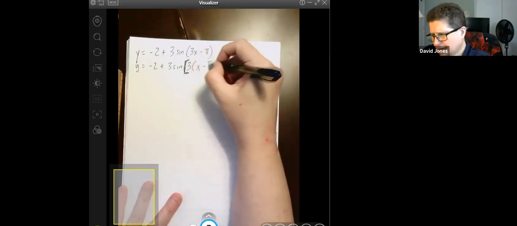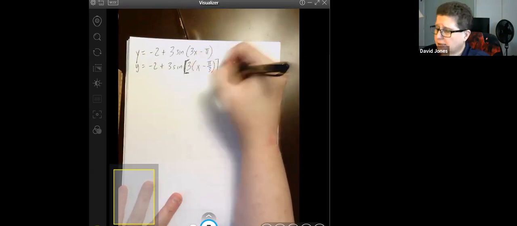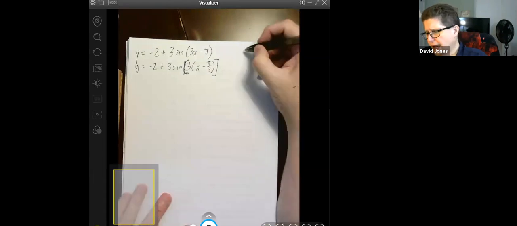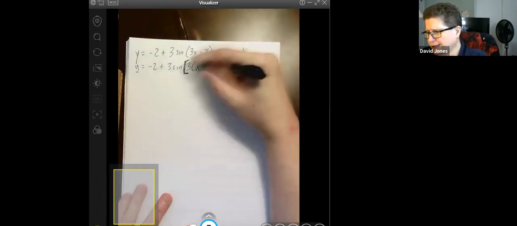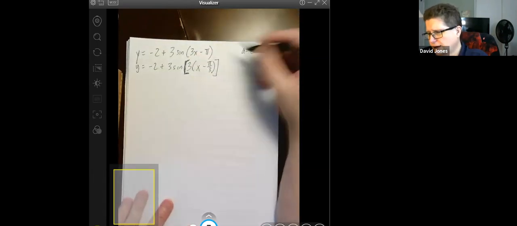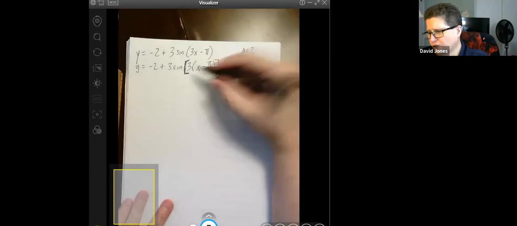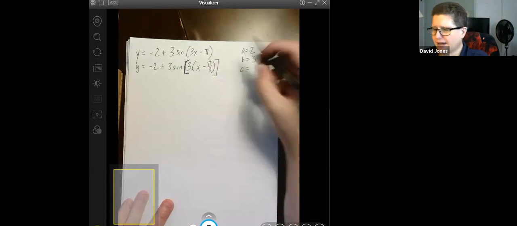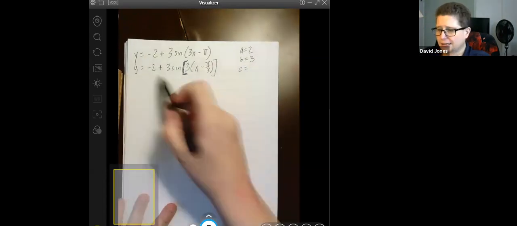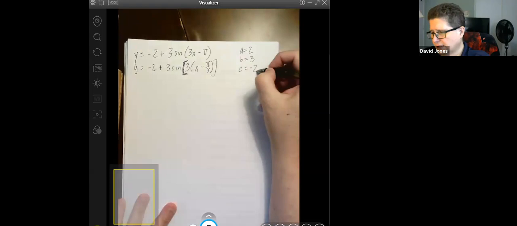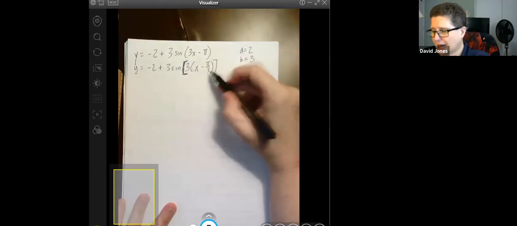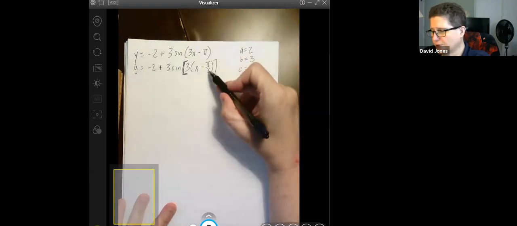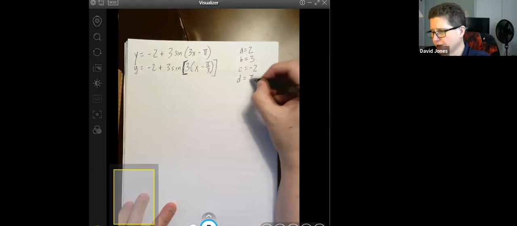And that makes this x minus pi over 3. A equals the modifier on sine, which is 3. B is the coefficient on the inside, which is 3. C is the value being added or subtracted. It's -2. And D is the opposite sign of what's in here. It's pi over 3. This is a shift right.